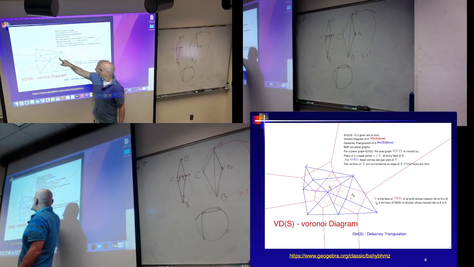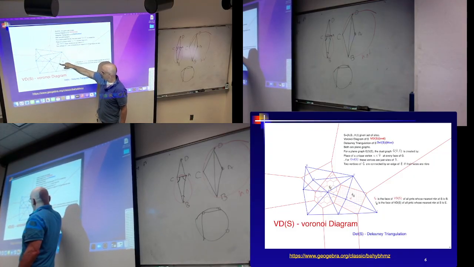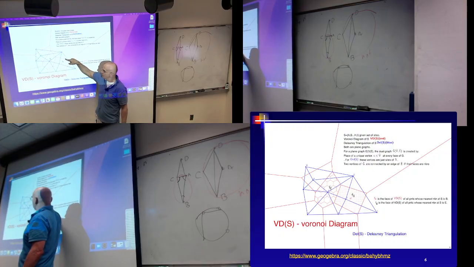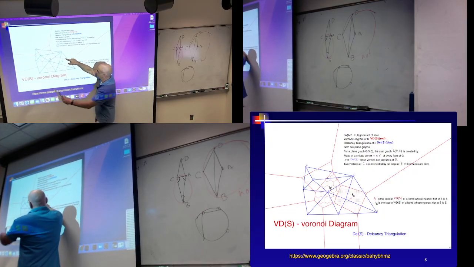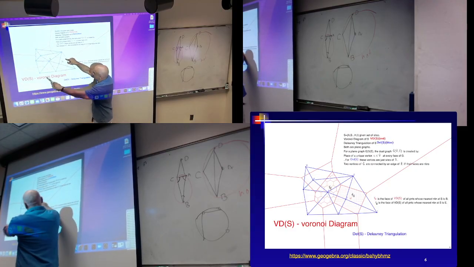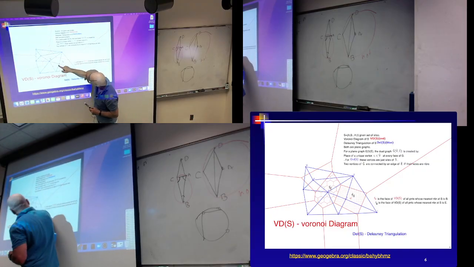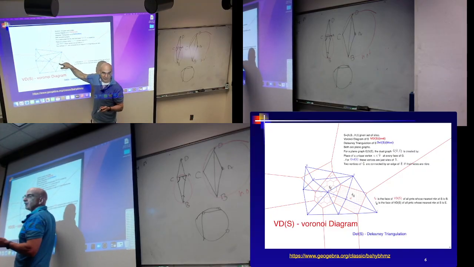And oh, by the way, I should have said it for the 2. When I'm on this edge, my distance to B equals my distance to C, but my distance to H is much larger. My distance to F is much larger. That is, C and B are my 2 nearest hospitals.